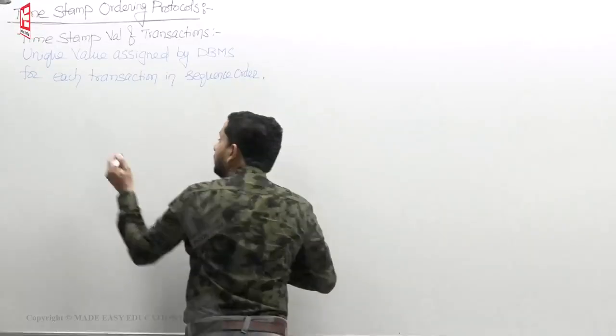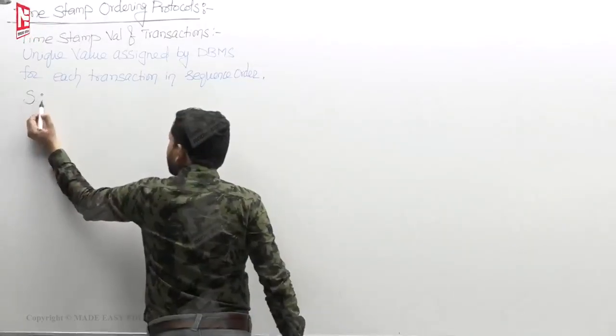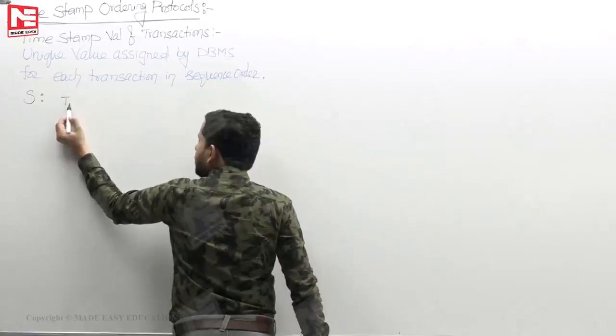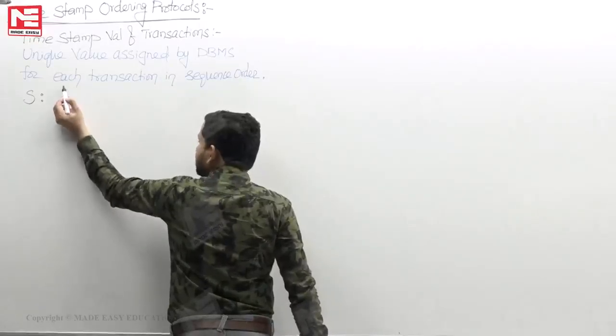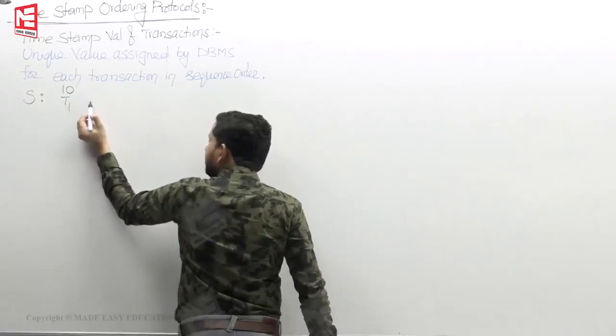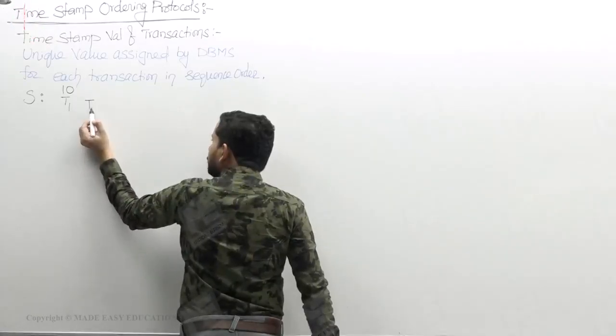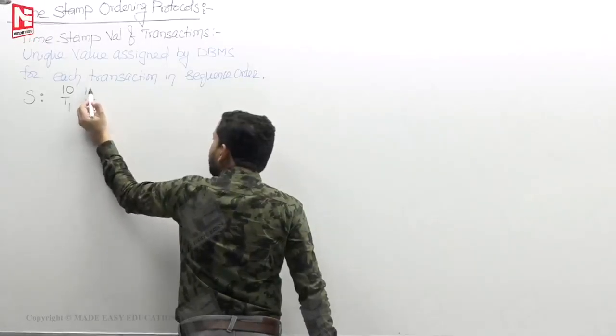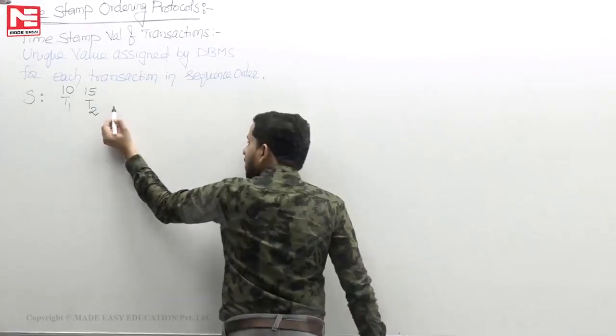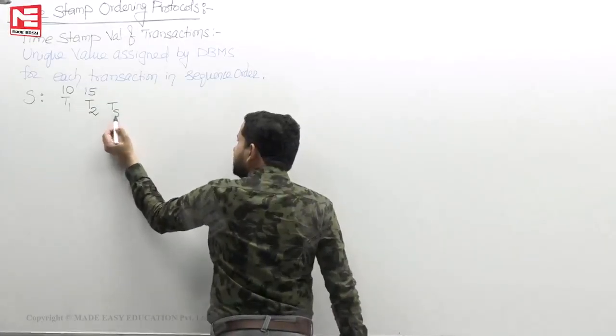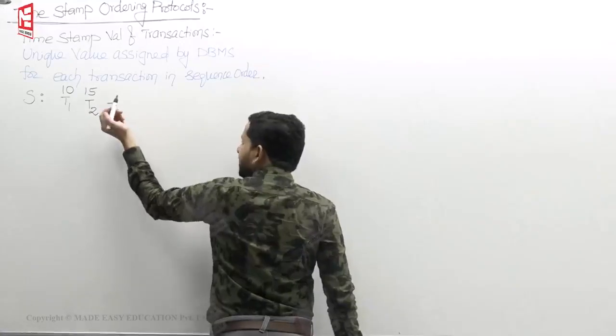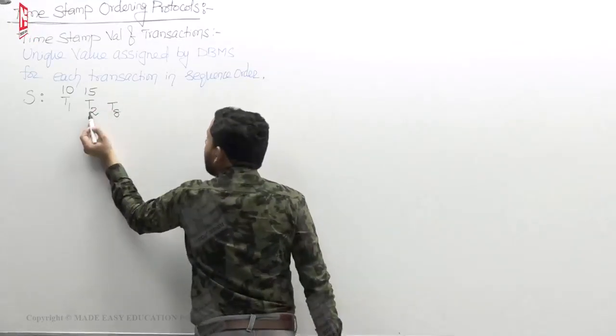It means to say in a schedule S, T1 enters first, if its timestamp is 10. After that if T2 begins, then its timestamp is more than the previous transaction. After that if T8 begins, the transaction number can be anything, it means T8 begins after T2.